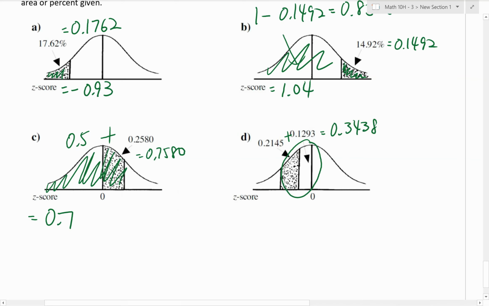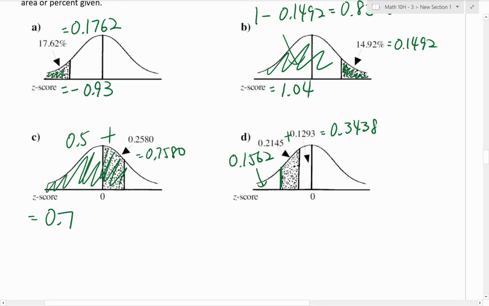So this entire portion is 0.3438. That means this is going to be 0.5 minus that, because that's the rest of the 0.5. That's 0.1562.